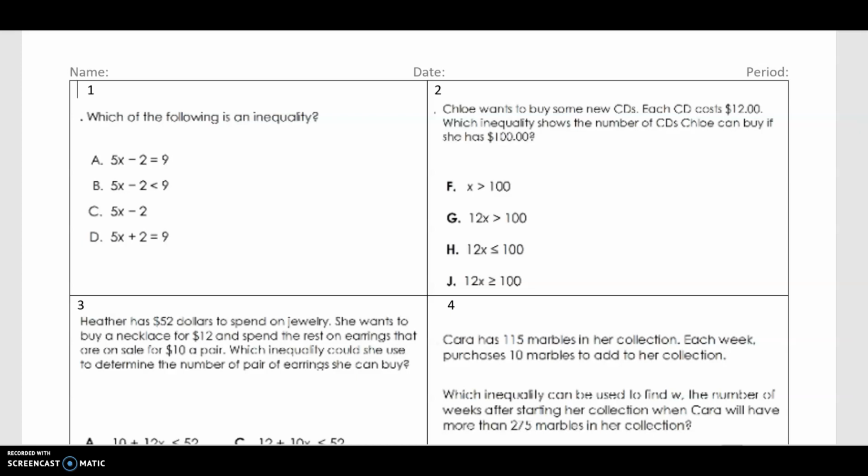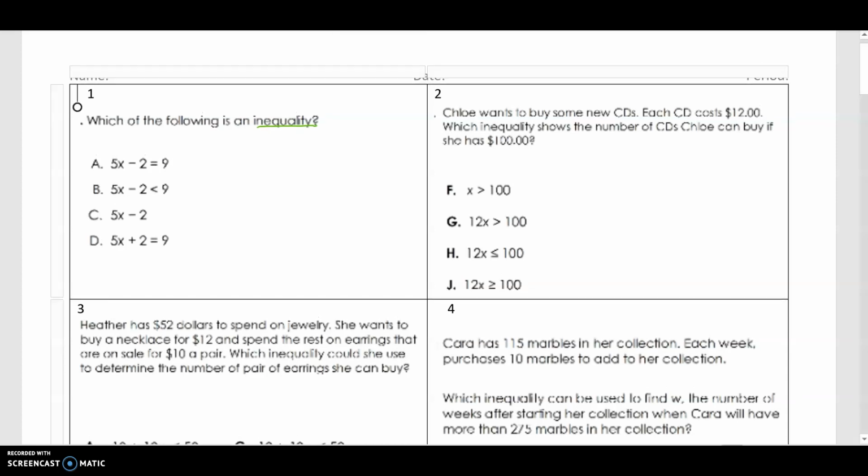So if you remember back to yesterday, we were talking about the various inequality signs. So we have greater than, less than, greater than or equal to, or less than or equal to. And something that we were saying about inequalities is that it's a solution set with more than one answer.